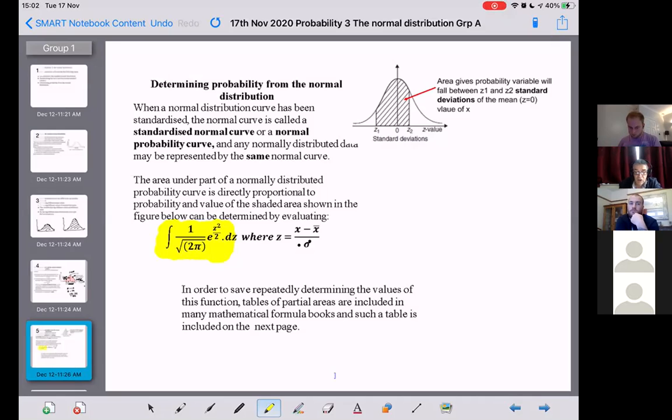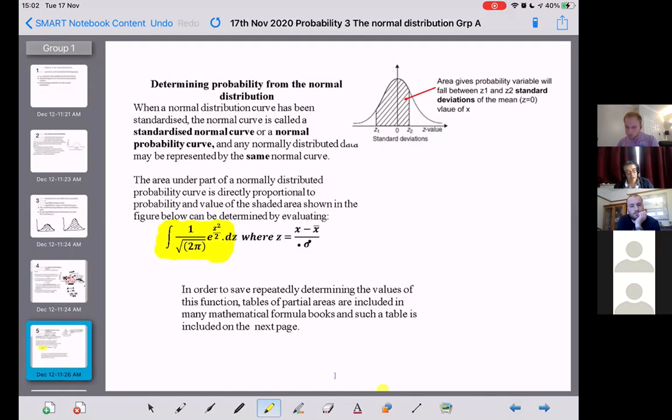And that's where the value of Z is as the formula we showed before. However, in order to save you repeatedly determining the values of this function, tables of partial areas are included in many mathematical formula books, and such a table is included on the next page.